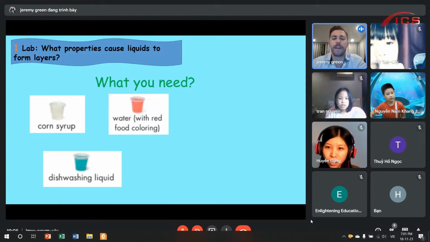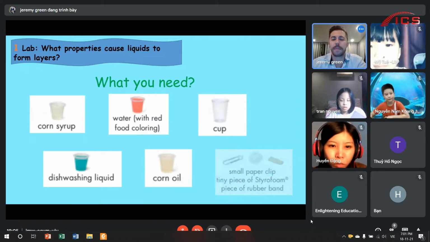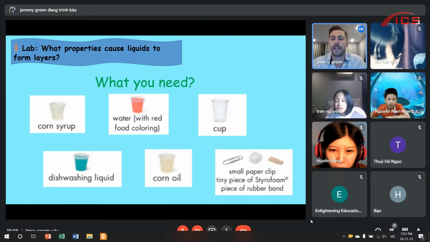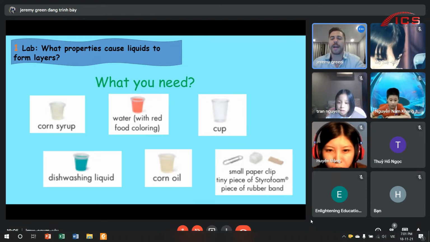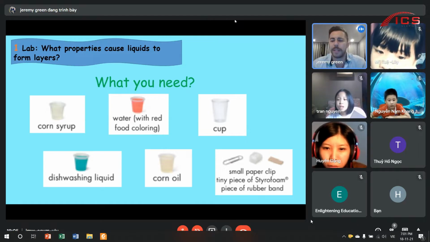Water with red food coloring, corn oil, a cup, a small paper clip, a tiny piece of styrofoam, and a piece of rubber band. Have any of you ever done this experiment?